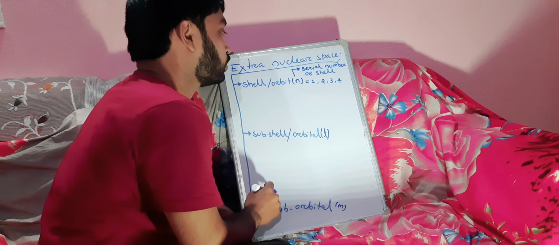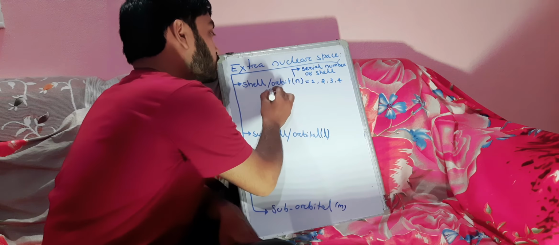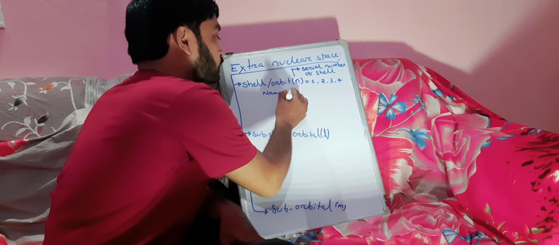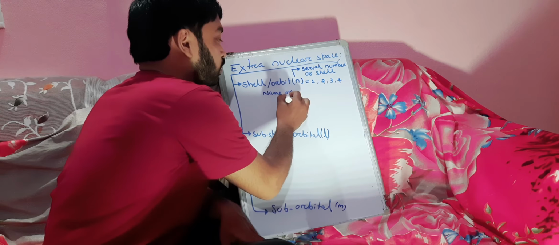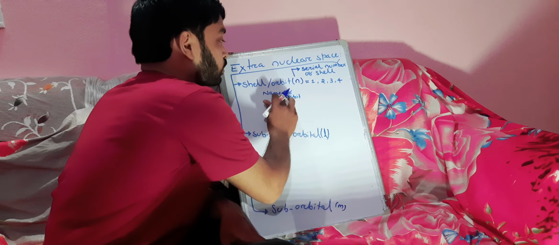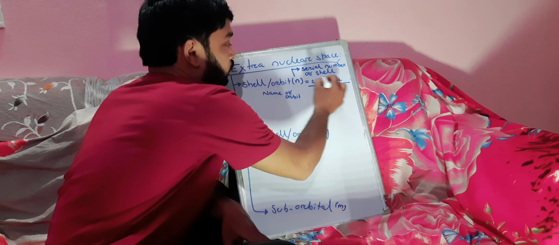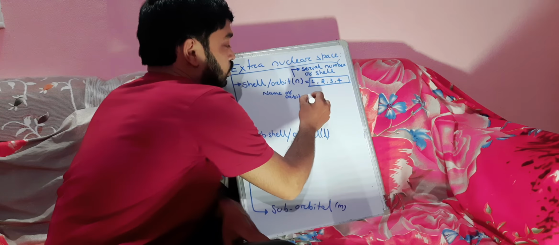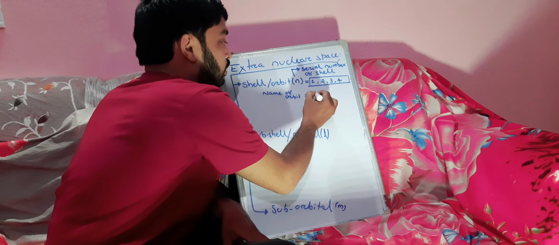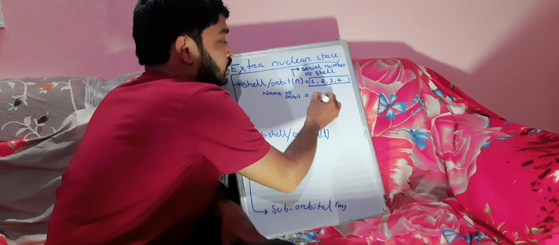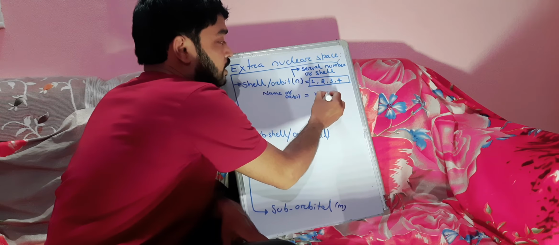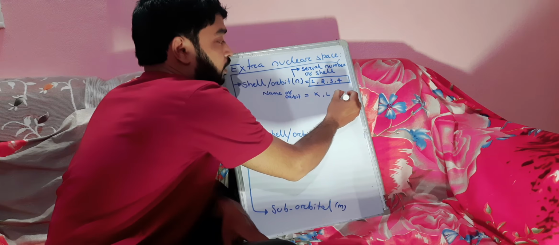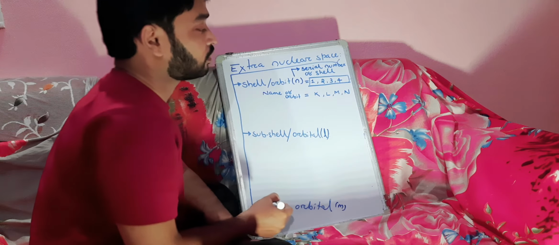The value of n expresses the name of the shell or orbit. The shell whose n value is 1 is called the K shell. The n value 2 is the L shell. Similarly, the n value 3 expresses the M shell and the n value 4 expresses the N shell.